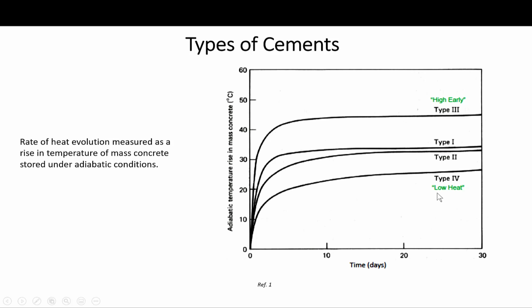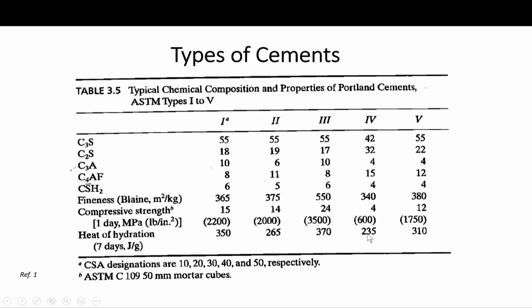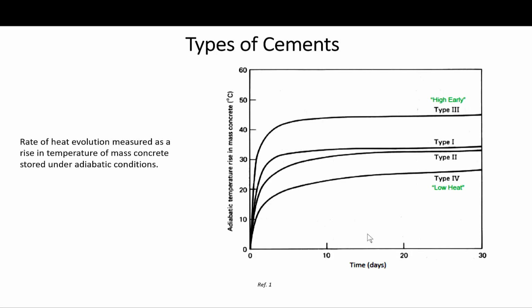If you look at the slide before, it makes sense. And again, in case of mass concrete, of course, you do not use type 1, you do not use type 3. You use type 2, and if it's even more stringent, you could use type 4, but I said this is almost not produced anymore, so you will have to resort to blended cement or blending cement with some of the SCMs.